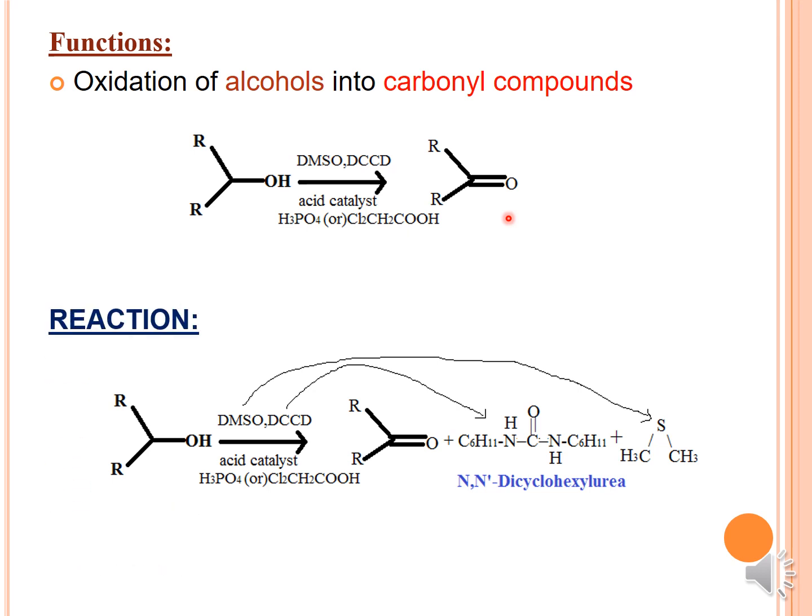Then moving on to the reaction, we are taking an alcohol in presence of DMSO, DCC, and the acid catalyst chloroacetic acid. We are getting the carbonyl compound, with the cleavage of dicyclohexyl urea and then dimethyl sulfide.